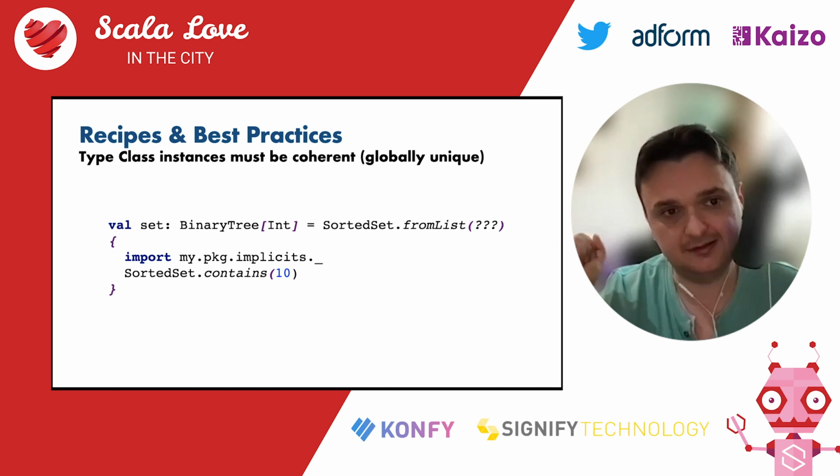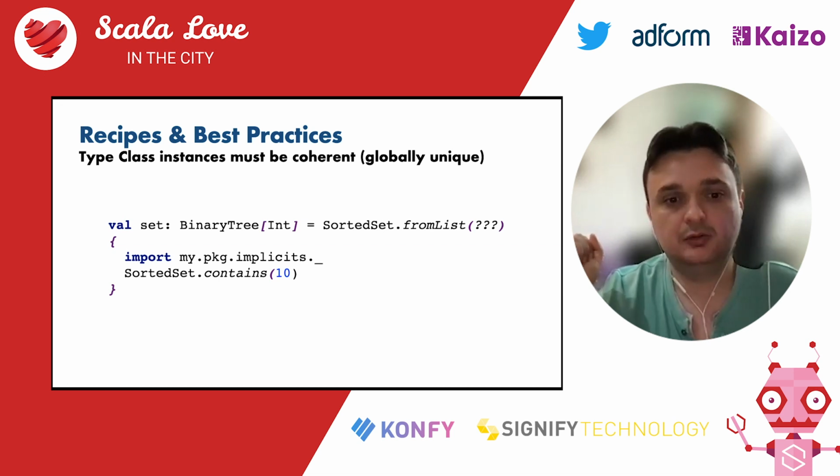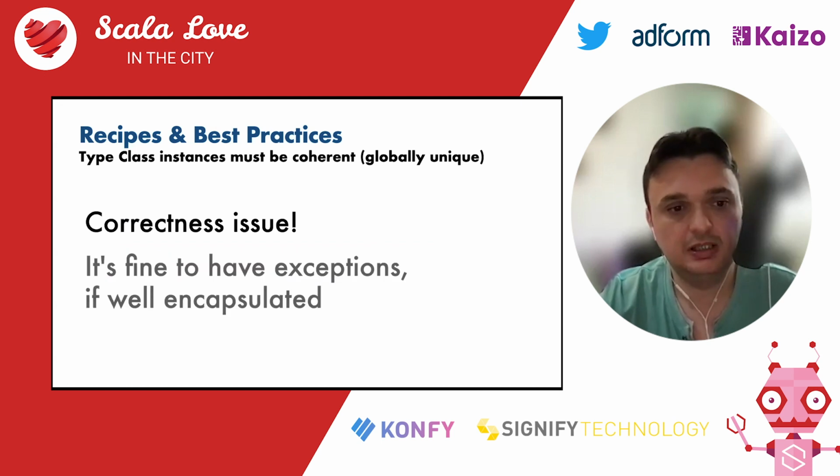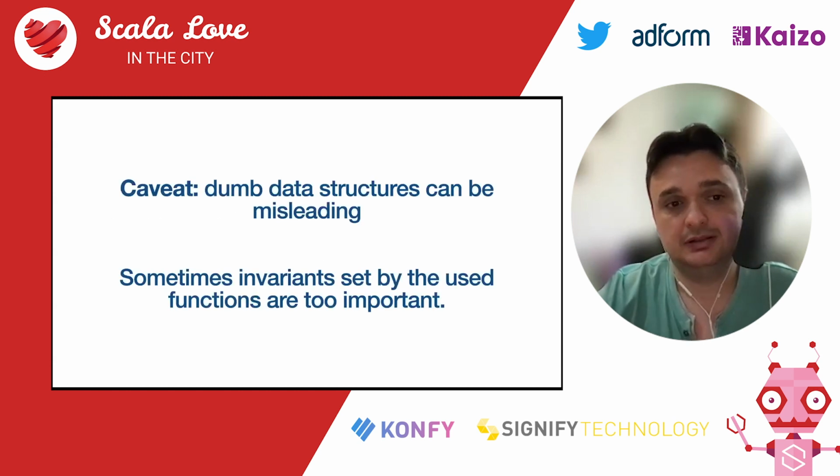If type class instances aren't globally unique, we need to be really careful where we import those quote-unquote orphaned instances. Like here, maybe we know what we are doing, but we need to be really careful about these imports. So it's fine if we have exceptions, but remember that if type class instances are not globally unique, this is a correctness issue.